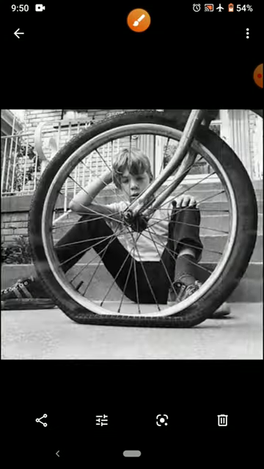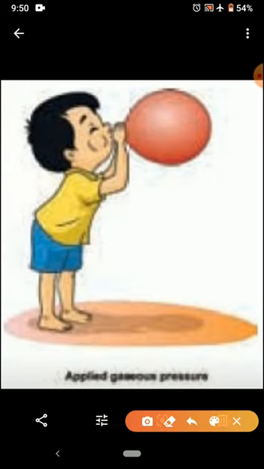To understand this, take the example of a balloon. This is an inflated balloon, but when the balloon is deflated, meaning there is no air inside it, it is the size of this. It's a piece of thin rubber.